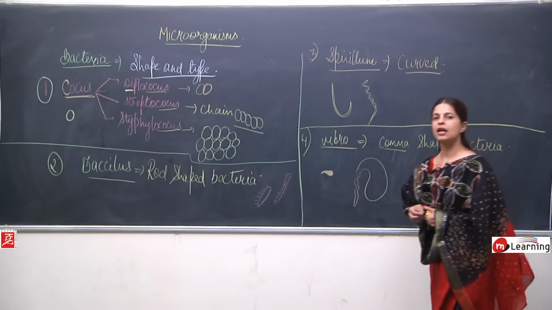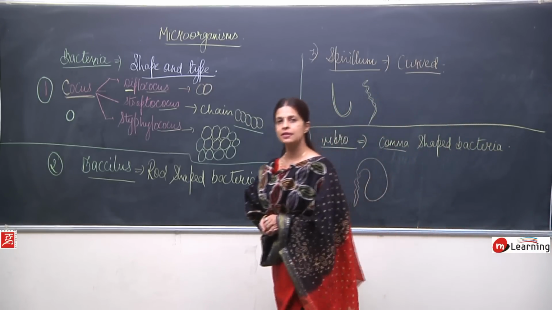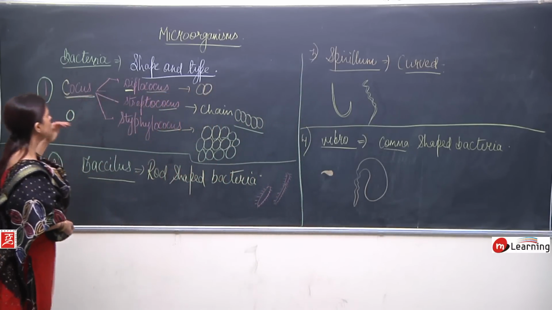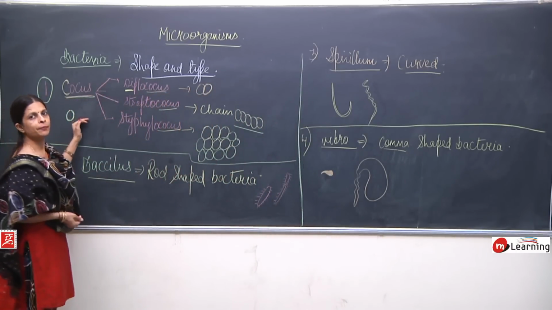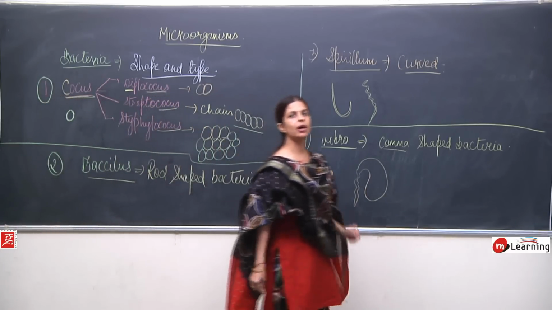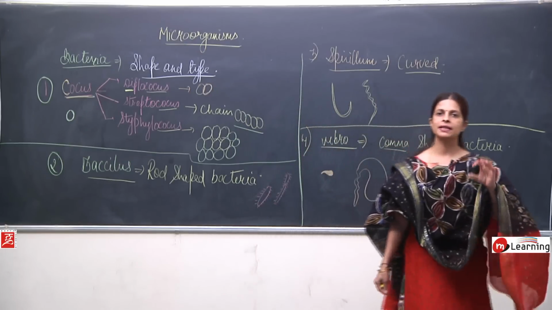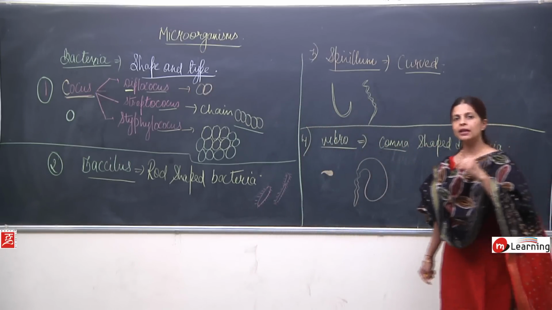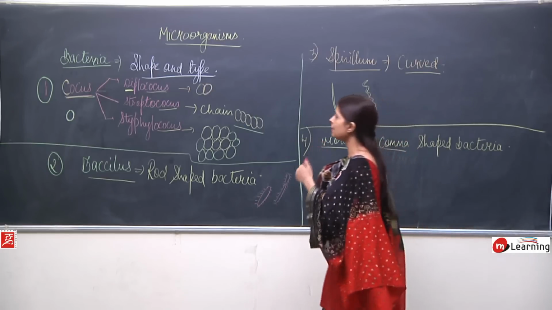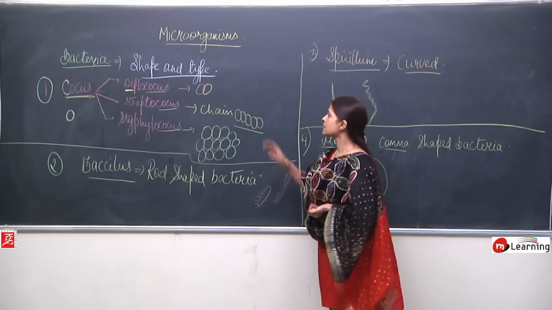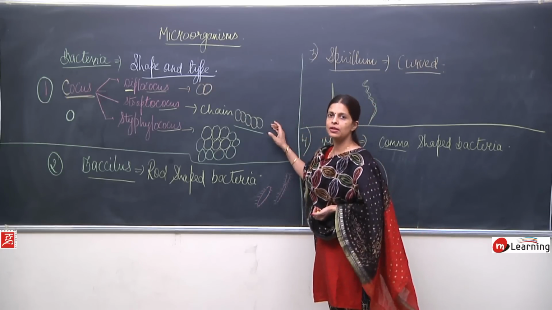All the bacteria are not of the same size and shapes. We have studied over here a few different shapes. If the name comes coccus, that means one has to understand that these bacteria are of spherical shape. They may be in pairs, as the name suggests. If they are in chains, then obviously they have to be streptococcus.